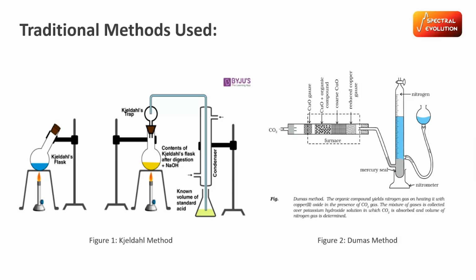So while these methods provide a benchmark for accuracy, field spectroscopy estimates greatly expand the efficiency, enabling real-time nitrogen mapping and better fertilizer management.